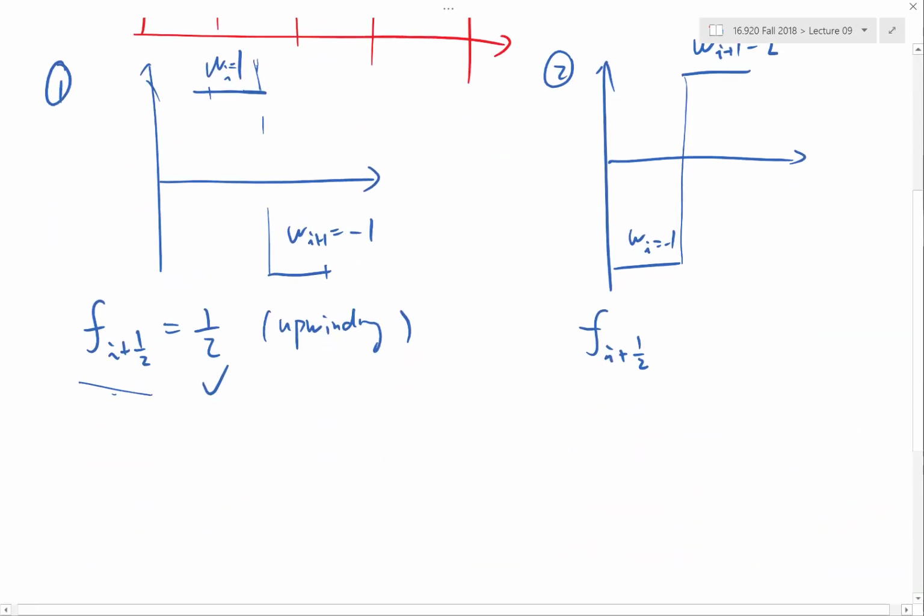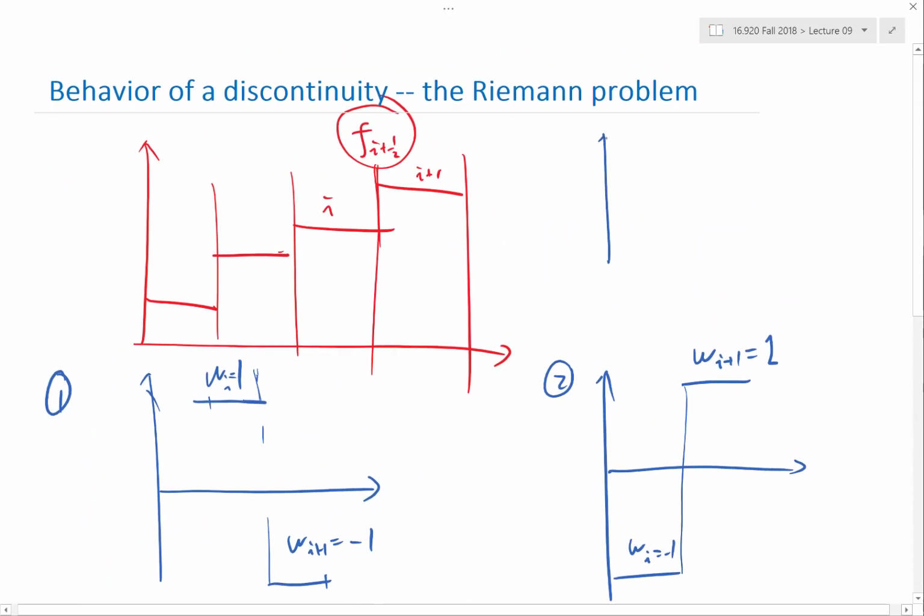Remember, if I draw the solution over here, the solution should initially be a discontinuity. Maybe I should draw it over here, and then it becomes like that, and then like that, and becomes flatter and flatter, right? So should the cell average in volume I increase or decrease over time? It should increase, right? And the volume average in cell I plus 1 should decrease, right?